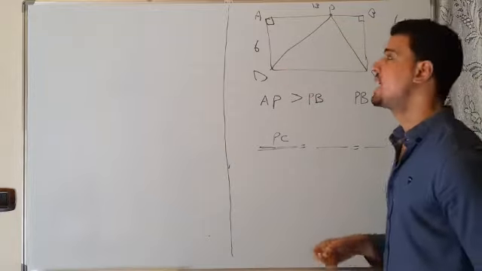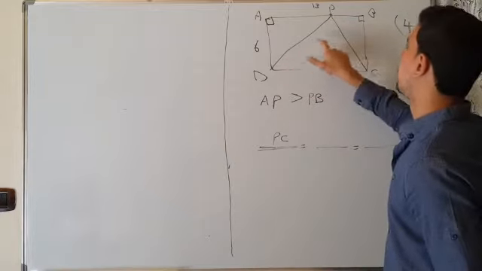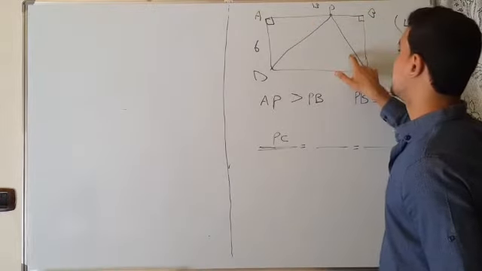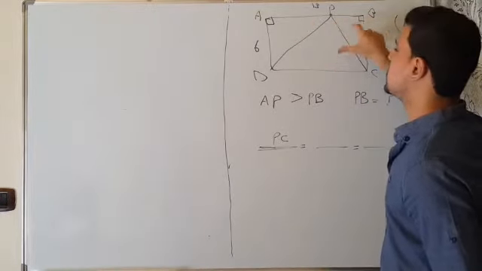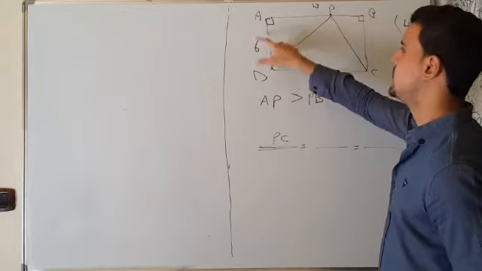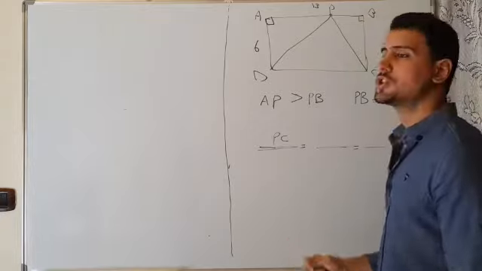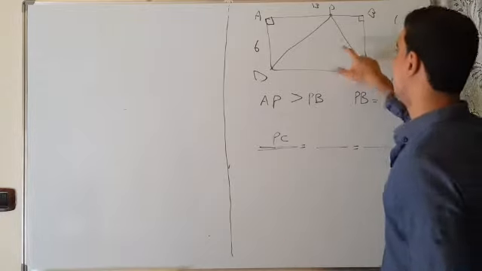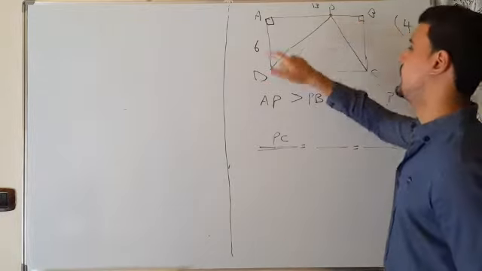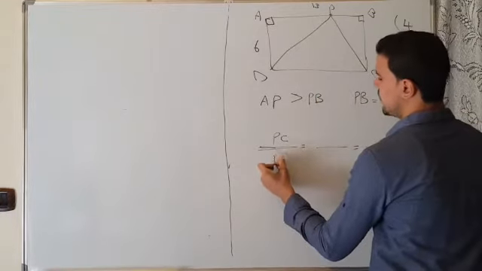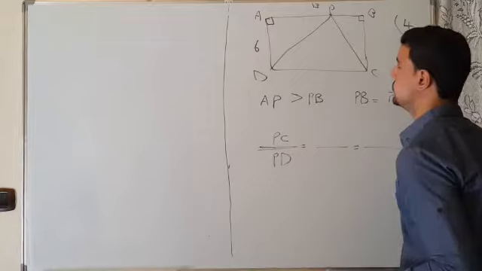And the reason for that is that they are both facing a right angle. So PC must correspond with PD, not AP, not AD, because they are both the largest of each triangle. They are both facing the right angle. So we have PC over here and we write PD over here.